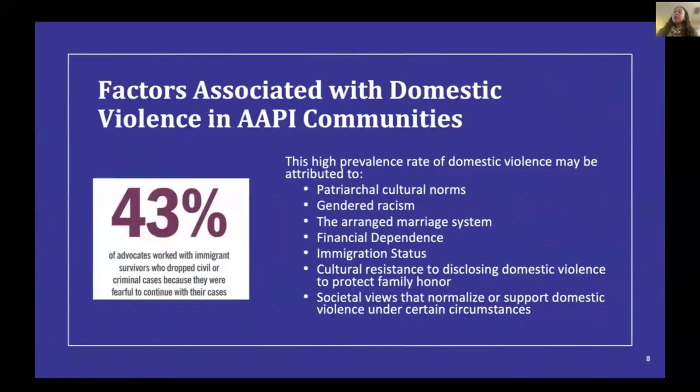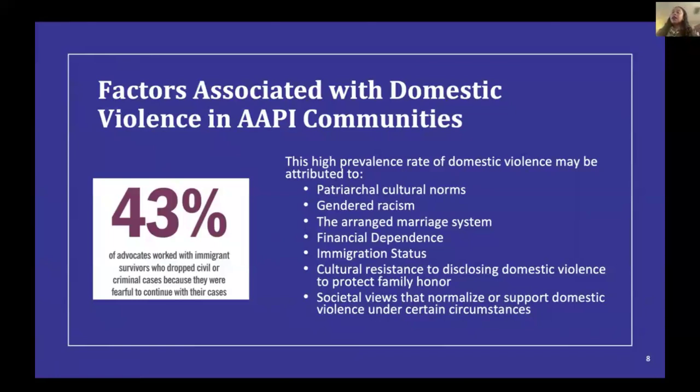Factors associated with domestic violence in these communities can be attributed to patriarchal cultural norms, gendered racism, the arranged marriage system that oftentimes we don't think about, financial independence and immigration status, cultural resistance to disclosing domestic violence to protect the family honor. That is something that is very, very important and critical in this particular culture. And societal views that normalize and support domestic violence under certain circumstances.